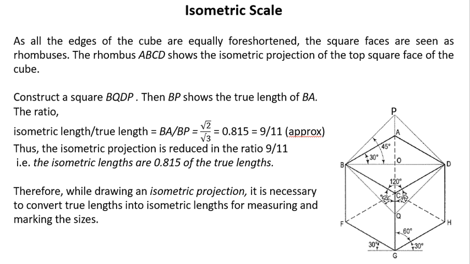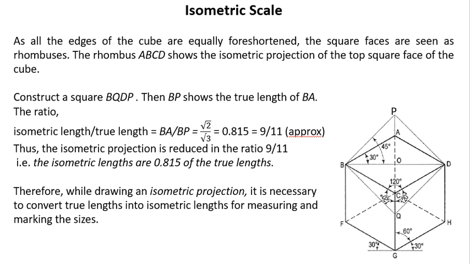Coming to the isometric scale, as all the edges of the cube are equally foreshortened, the square faces are seen as rhombus. You can see the diagram. The ABCD looks like a rhombus, and this ABCD shows the isometric projection of the top square face of the cube. Now construct a square BQDP.